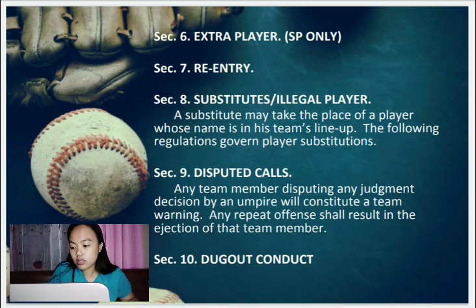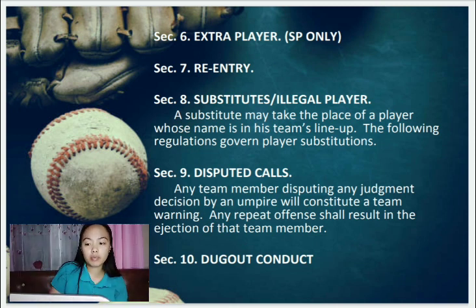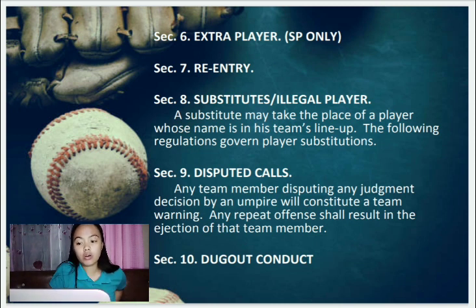Next is Section 9, the disputed calls. Any team member disputing any judgment decision by the umpire will constitute a team warning. Any repeat offense shall result in the ejection of that team member.